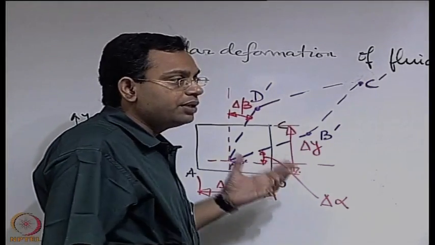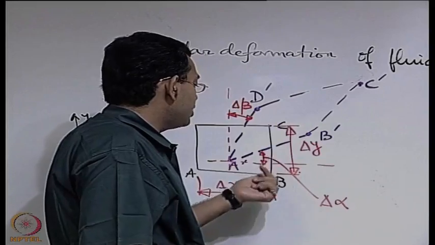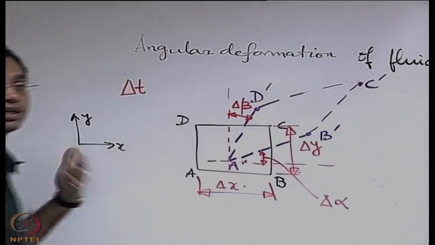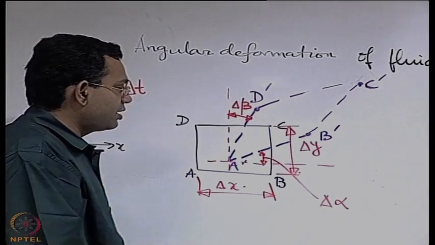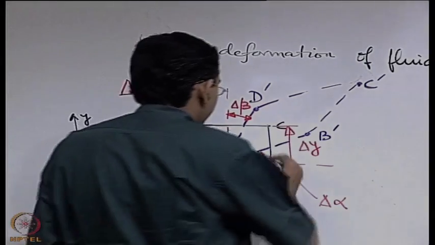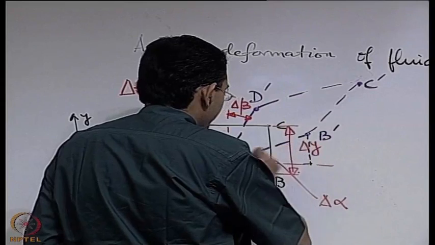Our objective will be to quantify the time rate of change of these angles, say alpha or beta, in terms of the velocity components, here u and v, because it is in the xy plane. To do that, we may make some simple geometrical construction. It is not actually a construction, but just to figure out what is happening.